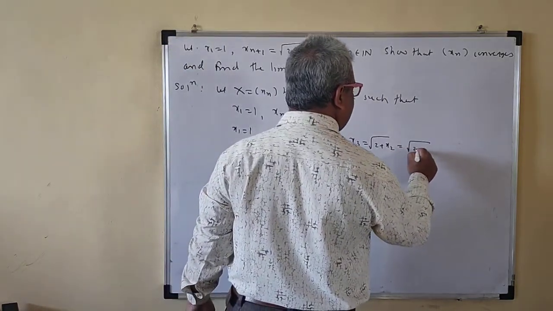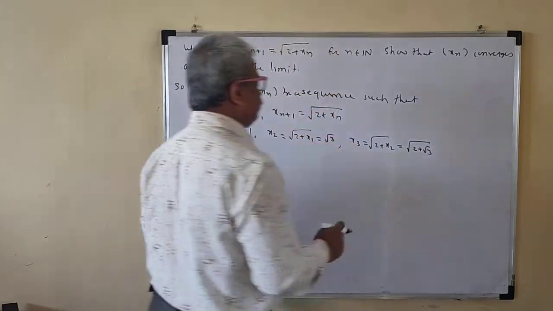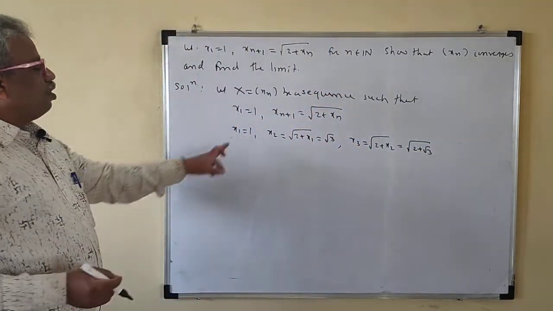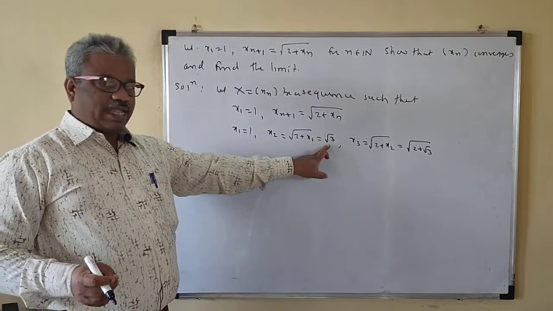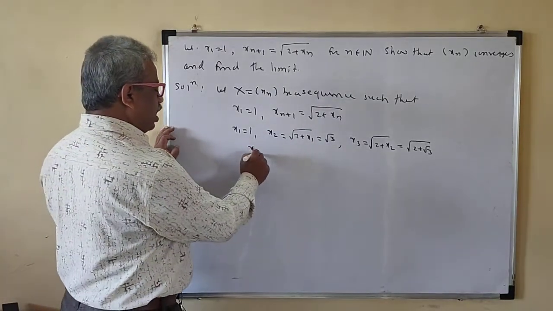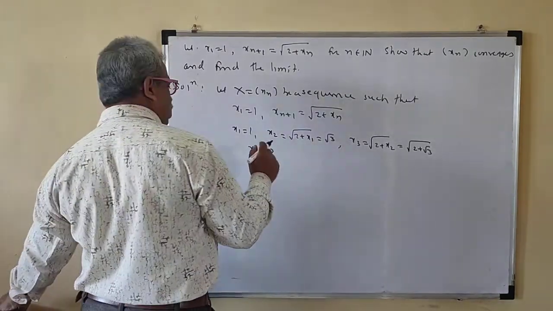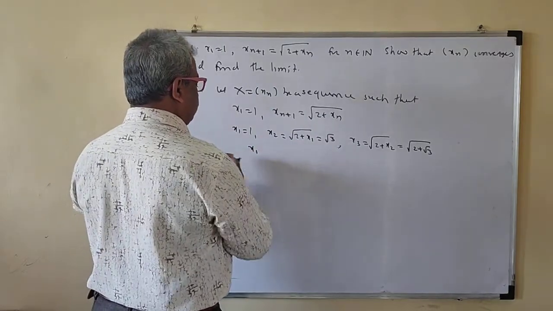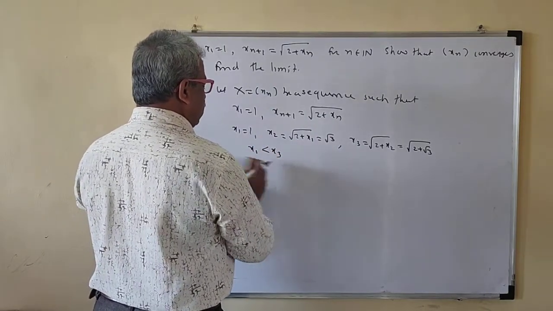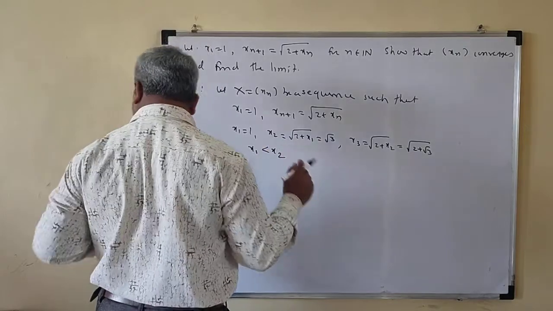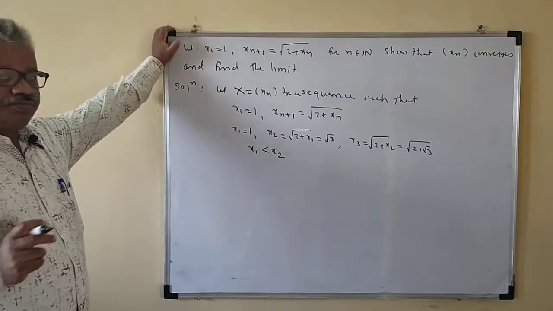So this is root of 2 plus root 3. Now see here, x1 is less than x2.